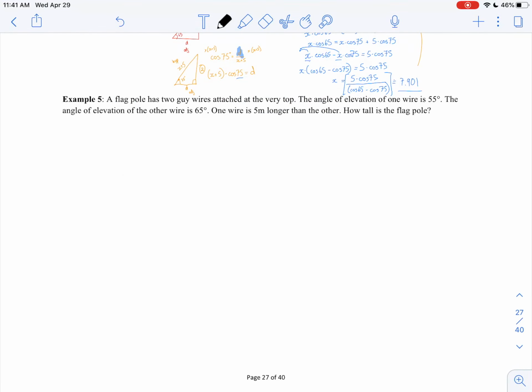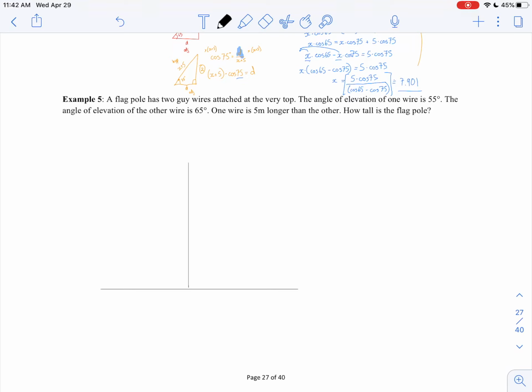So a flagpole has 2 guide wires attached to the very top. So I'm going to draw my wonderful flagpole here. And of course we can assume flat ground, as we always do for these math questions. That didn't look very flat for the ground. And one angle of elevation of the wire is 55 degrees. The other angle of elevation is 65 degrees.